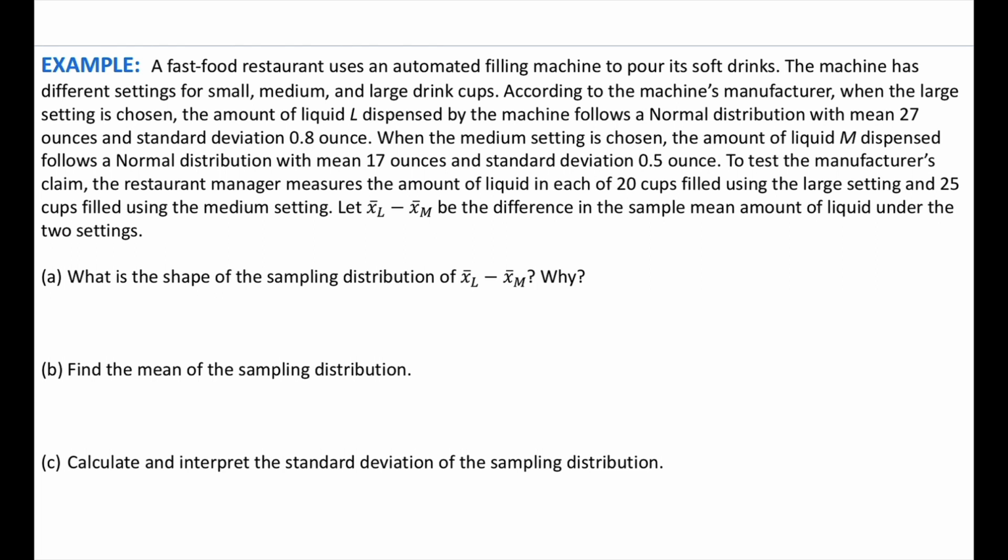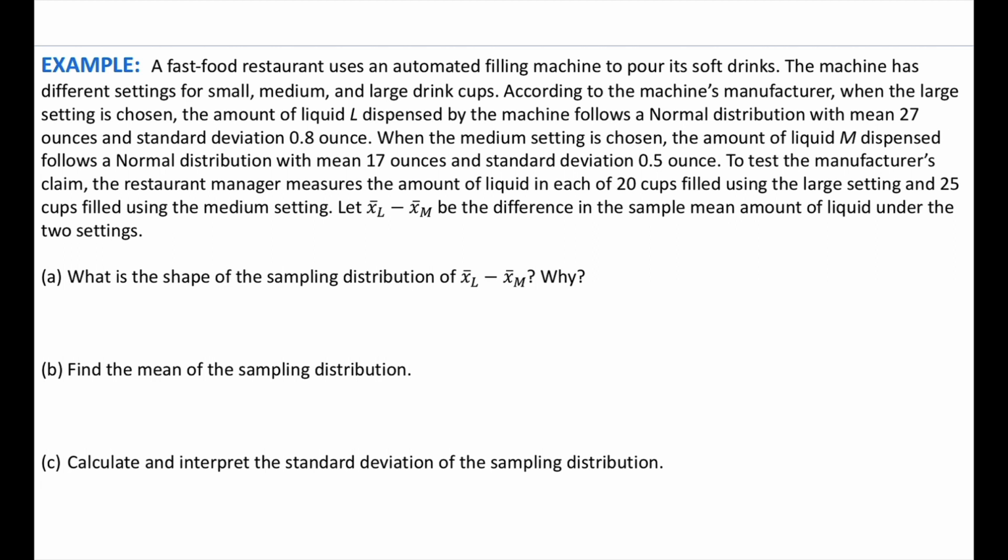A fast food restaurant uses an automated filling machine to pour its soft drinks. The machine has different settings for small, medium, and large drink cups. According to the manufacturer, when the large setting is chosen, the amount of liquid L dispensed follows a normal distribution with a mean of 27 ounces and a standard deviation of 0.8 ounces. When the medium setting is chosen, the amount of liquid M dispensed follows a normal distribution with mean 17 ounces and standard deviation 0.5 ounces.